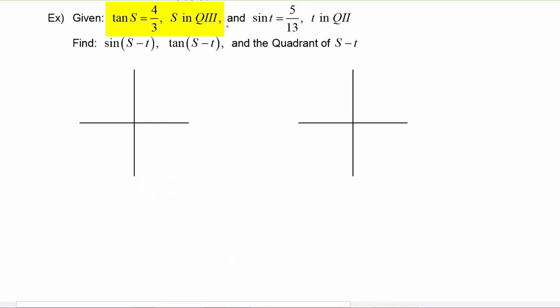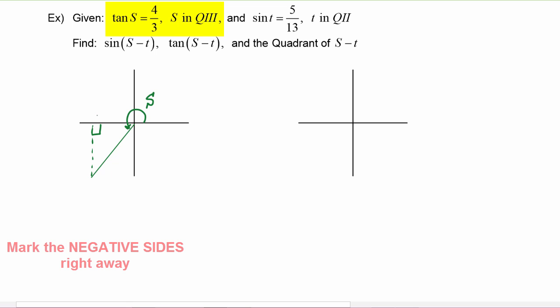Let's start with angle S being in quadrant 3. Here's angle S. Since we're in quadrant 3, we know the x value has to be negative and the y value has to be negative.